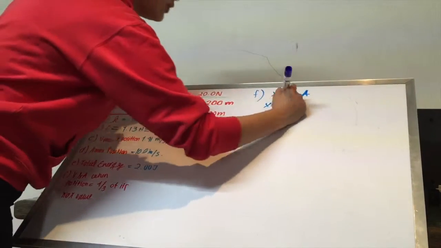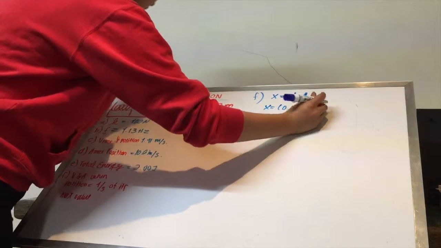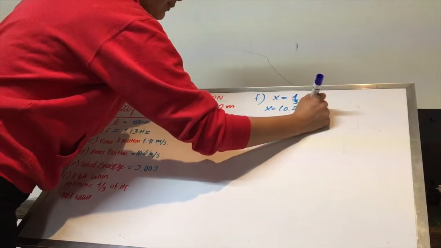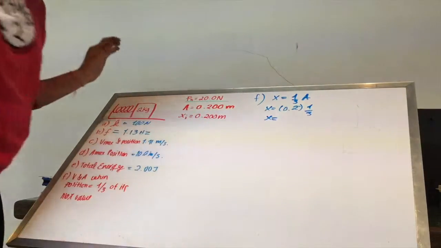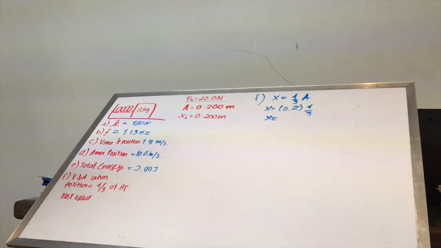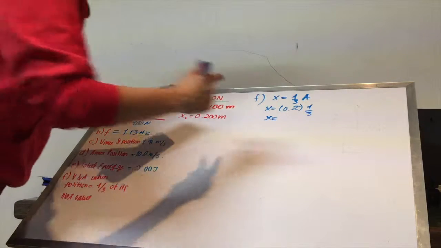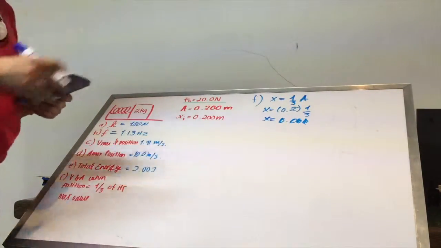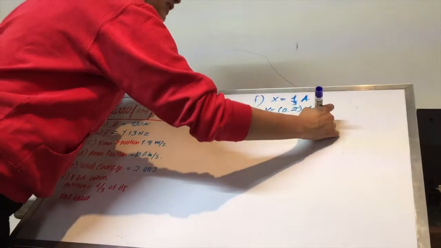So x equals 0.2 times 1/3, and our x is equal to 0.066, and that will be the new distance.